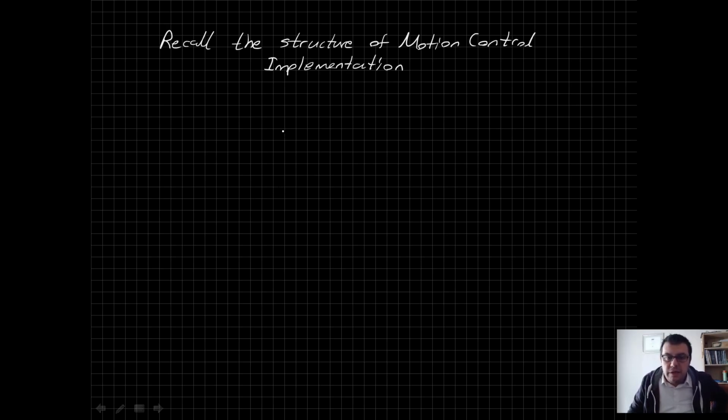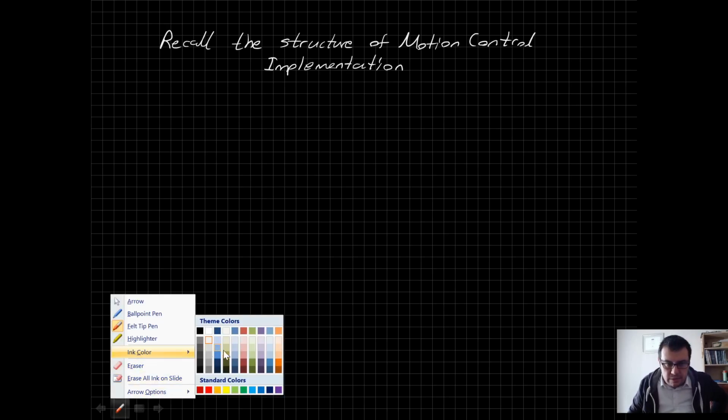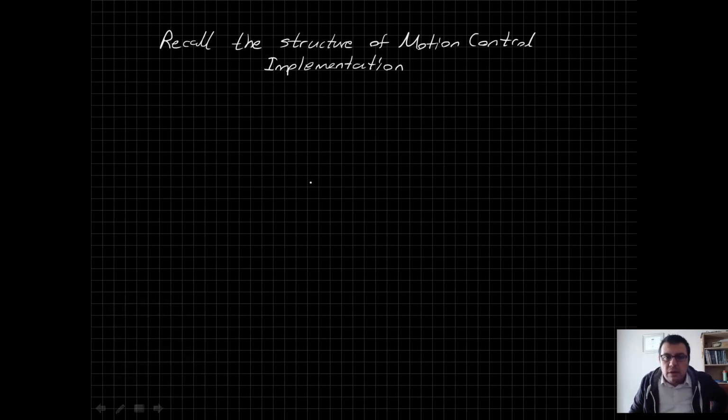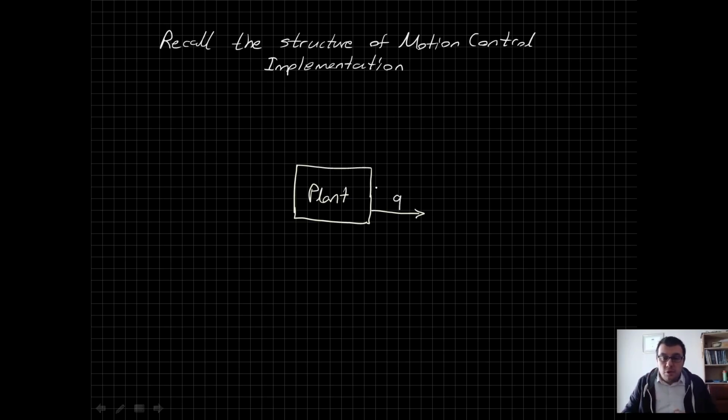What you have here is a plant, which actually gives you some measurements, let's say Q, and this measurement is obtained through a system that's called encoder.